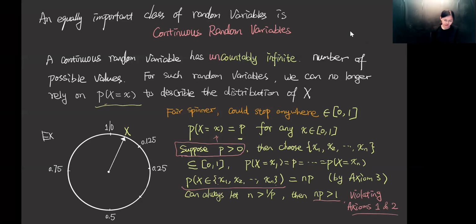So for continuous random variables, in general, the probability that the random variable equals each point is not useful for describing its distribution, because in general this probability has to be 0.